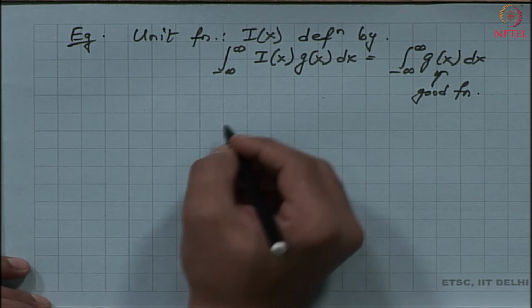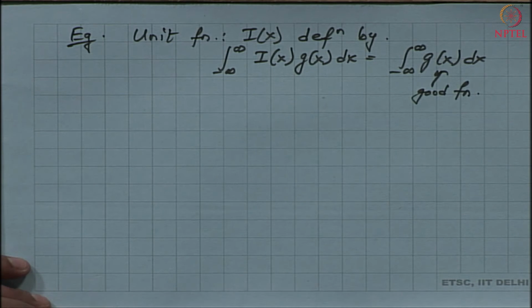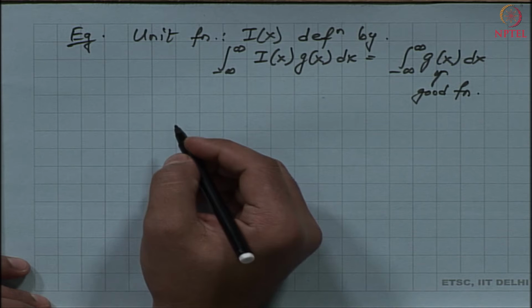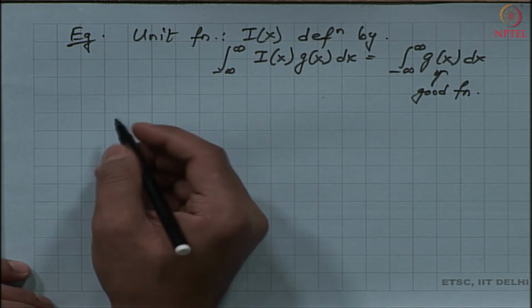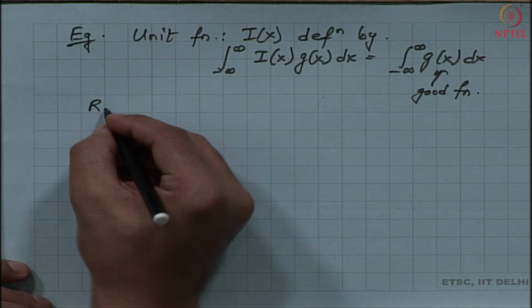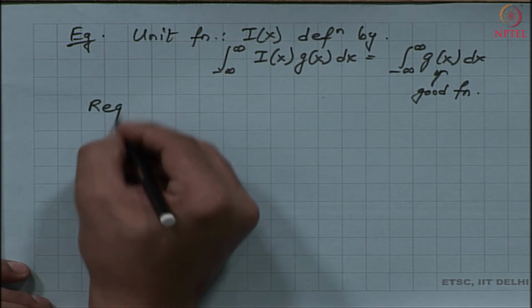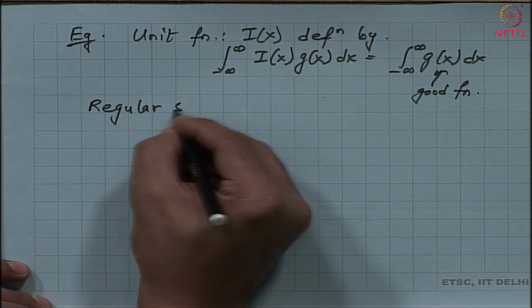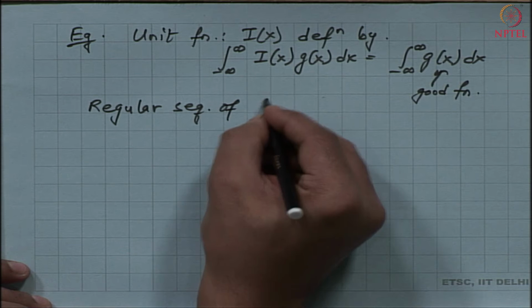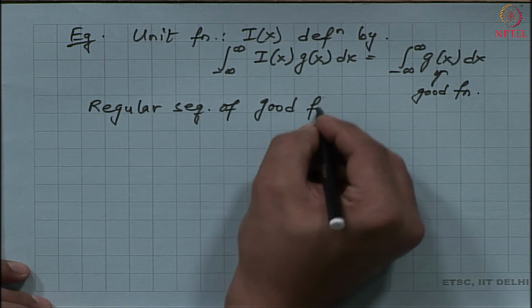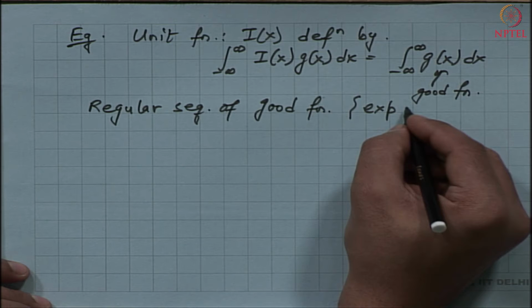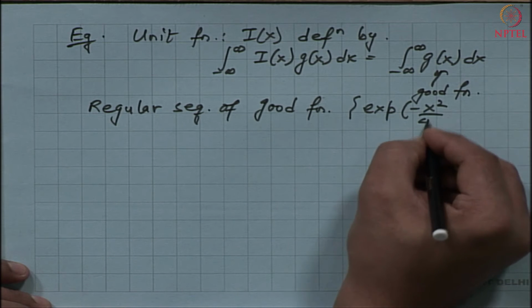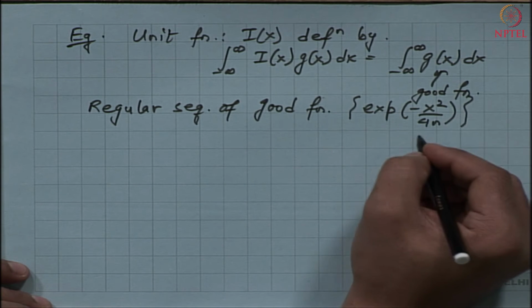Then consider this regular sequence of good functions, which is given by exponential of minus x square by 4n.